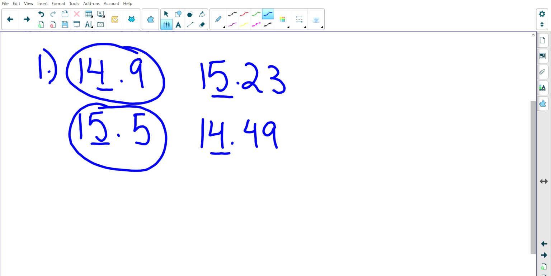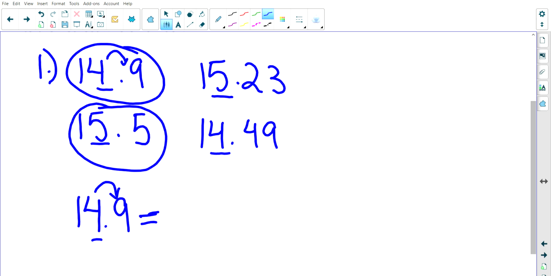Okay, so let's take a look at 14.9 first. We underline our rounding digit and we look to the right. If it's 5 or more, our rounding digit soars. If it's 4 or less, our rounding digit rests. 14.9, when we round it to the nearest whole number, will equal 15.